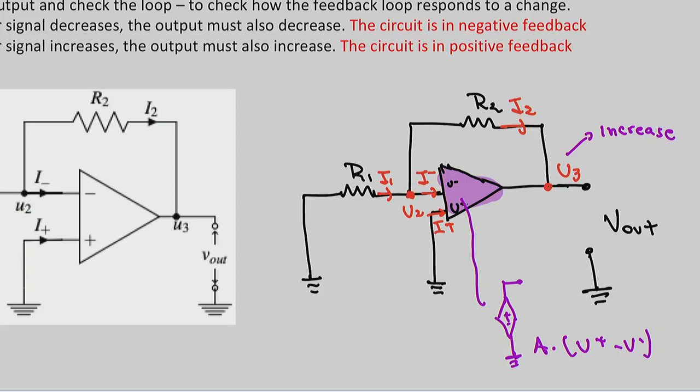If I measure the voltage here at U3, what's going to happen to the voltage at U2? Take a moment to think and then tell me, does it increase or decrease? Good form.